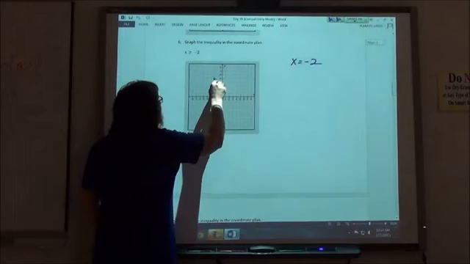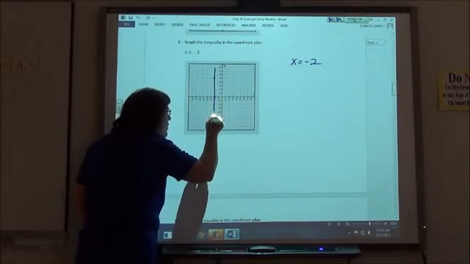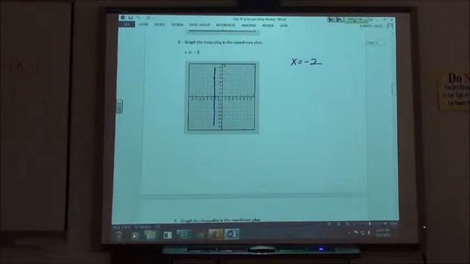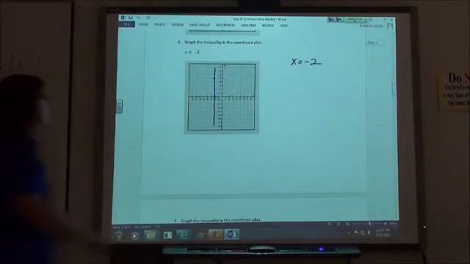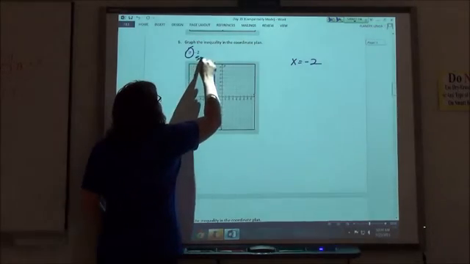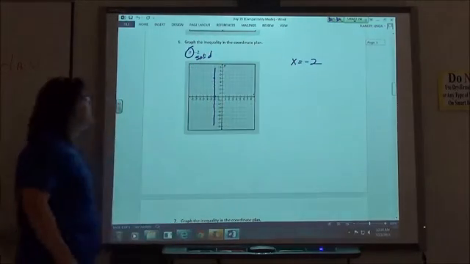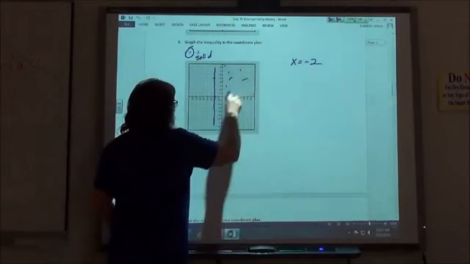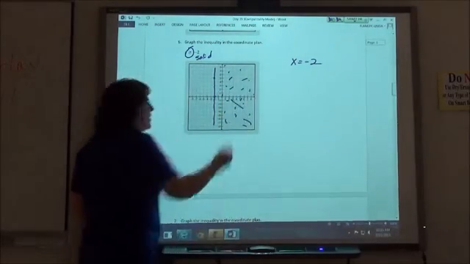So on ALEKS you either have to go up or down so that you can draw your line. Second step, is the line going to stay solid or do we want to change it to a dashed line? Going to stay solid because we have the equal to. And then the last step, we're going to do our shading. We're going to shade greater than -2, so we're going to shade on the right hand side. All my dots.